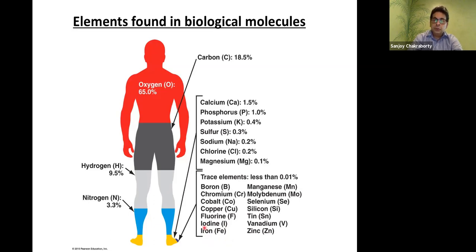If you don't have iodine, your thyroid gland will not be able to produce thyroid hormone, and so on. So all these are essential, meaning you are going to need them for one reason or another, but in lesser quantity. Again, you just need to memorize oxygen, carbon, hydrogen, nitrogen. These are the 4 main components, and the rest are all required by the human body.